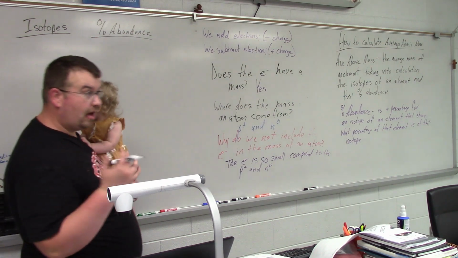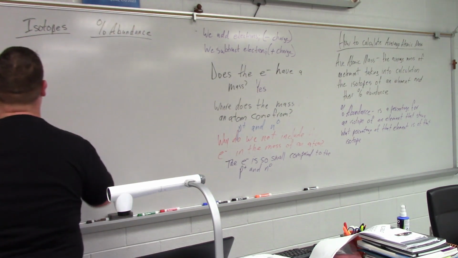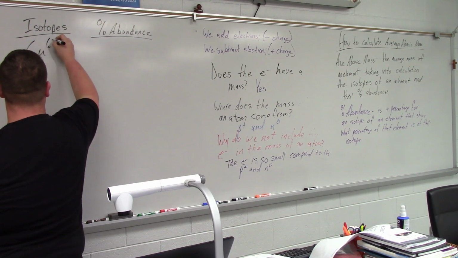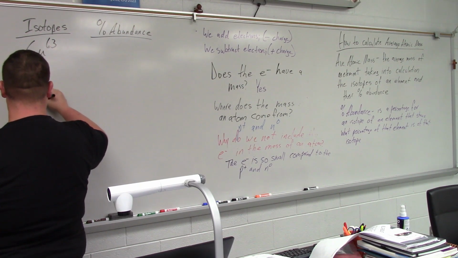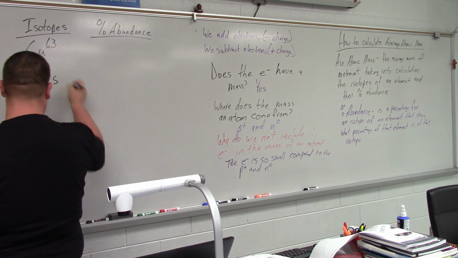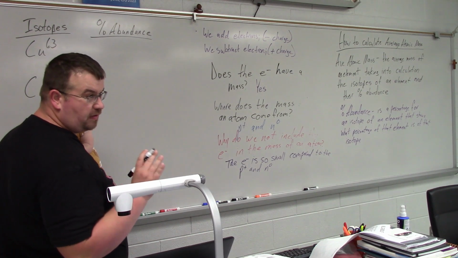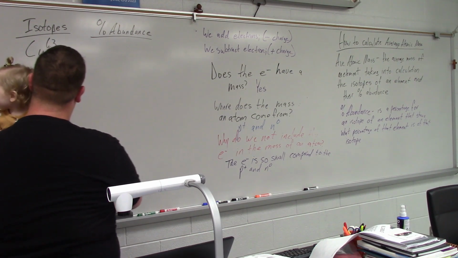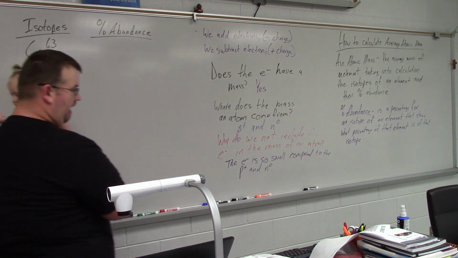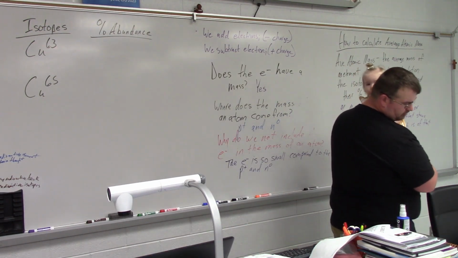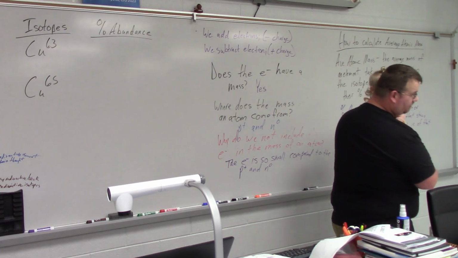Here's how I will do it. I'll give you copper 63, copper 65, right? I don't keep these numbers to memory, which is why I'm having to look at them. Copper 63, copper 65. Copper's atomic number is 29.